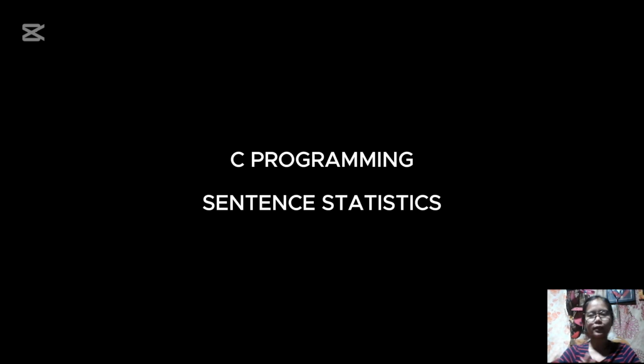Today I'm going to walk you through a C program called Sentence Statistics. This program takes a sentence and tells us six cool things. Number one, the total number of visible characters including the null character. Number two, the number of words. Number three, the number of vowels and consonants.